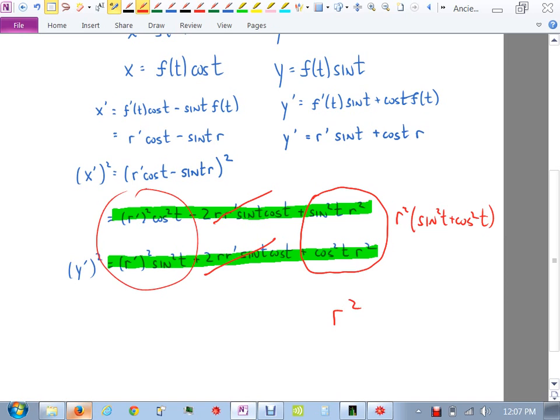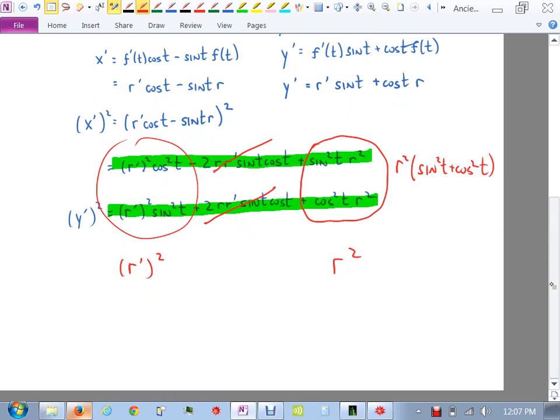And then isn't this the same thing over here? So you just get r prime squared. That's it, right? And that's underneath the square root. Same thing, you just factor out an r prime squared, and then sine squared plus cosine squared is 1. Which brings us to our final formula, and that is that the length of an arc for a polar curve is equal to the integral from, now, t was our variable before.